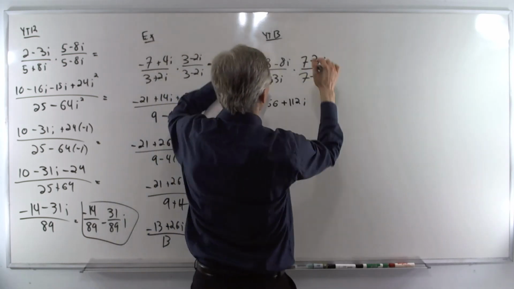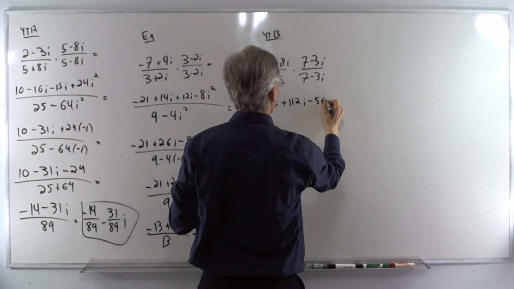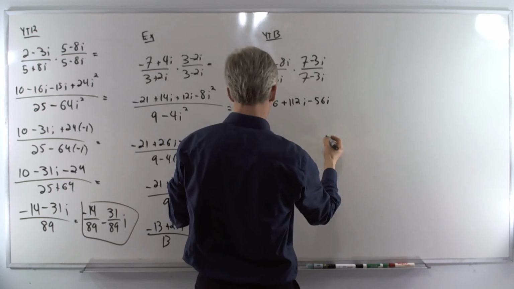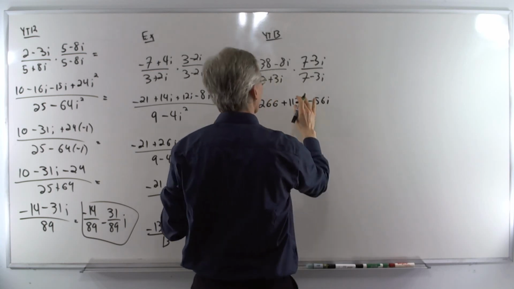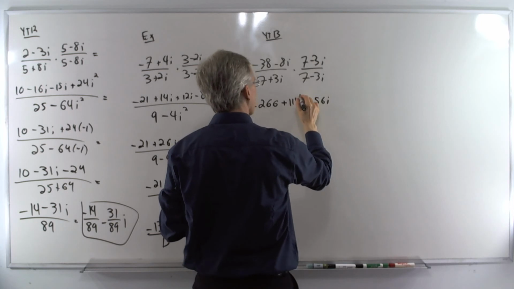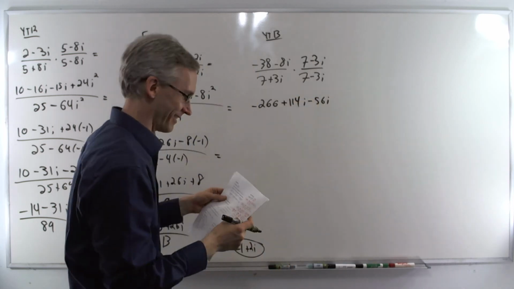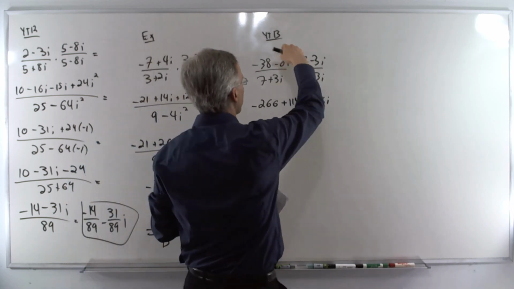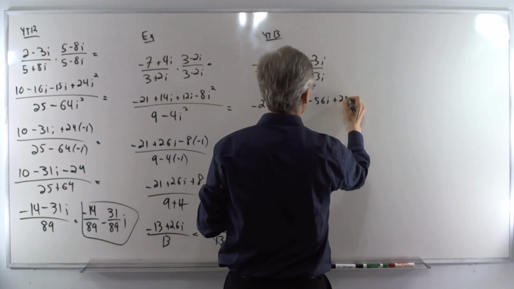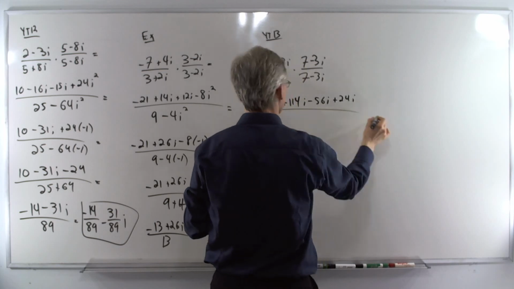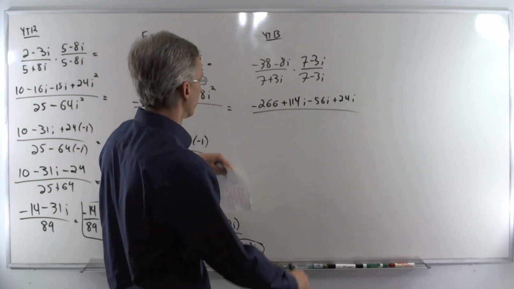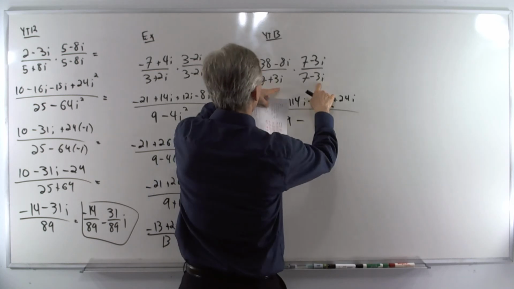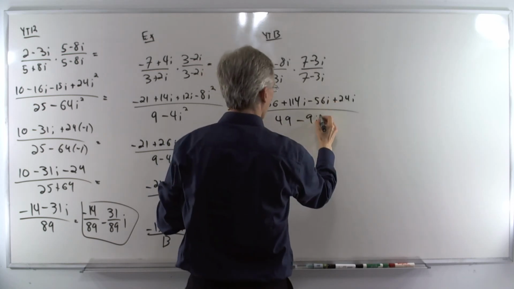Inside, negative 8 times 7, that's negative 56i. Negative 114, yeah. Close. And negative 56, okay. Last, negative 8 times negative 3 is positive 24i. All right, on the bottom, we got 7 times 7, that is 49, minus 3i times 3i, or 9i squared.